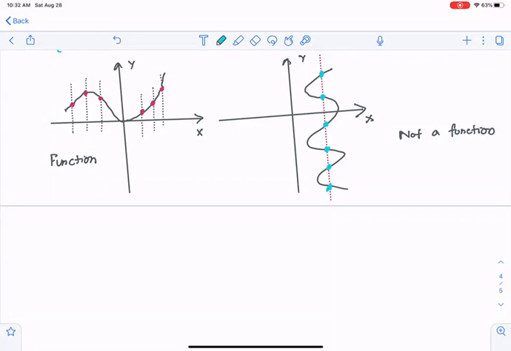So the vertical line that we drew touches more than 1 point. So what we have is not a function.